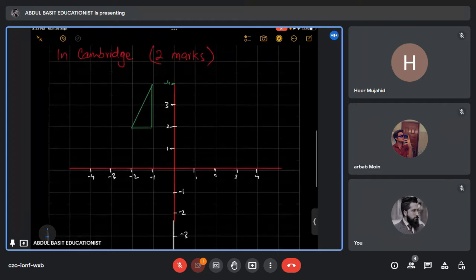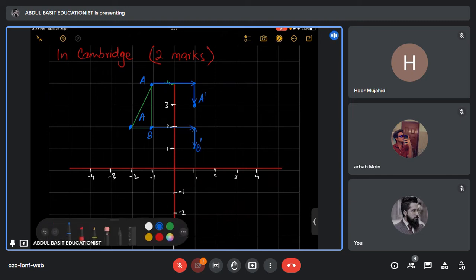For example, this is shape A, so I'll take 2 steps towards the right. These are my coordinates, and this is my point A. I'm translating point A, so it will move 2 steps towards the right and one step down. This point will be my A dash. Similarly, if this is my B, two steps towards the right and one step down, this point would be my B dash.